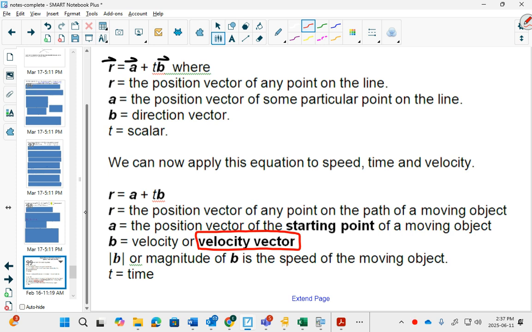Because we're going to use time, and so if your direction vector was 3, 4, that would mean in 1 unit of time, you would go 3 in the x direction, 4 up. In other words, you would have traveled 5 units, because if you did a squared plus b squared equals c squared, you would have traveled 5 units in a certain direction. So that becomes your velocity vector because it has a direction and its length is its speed.